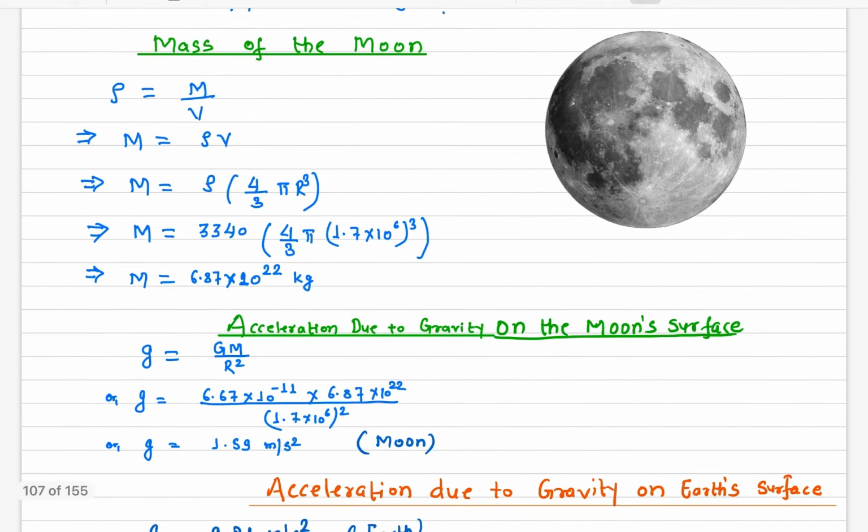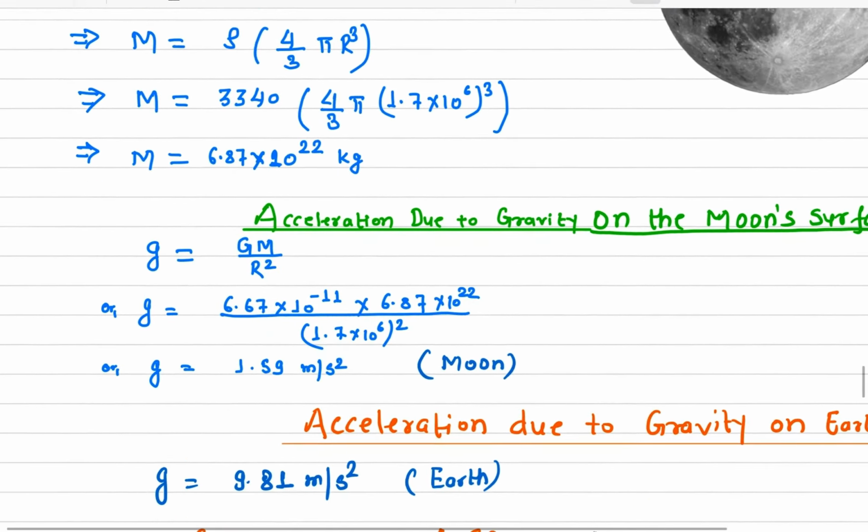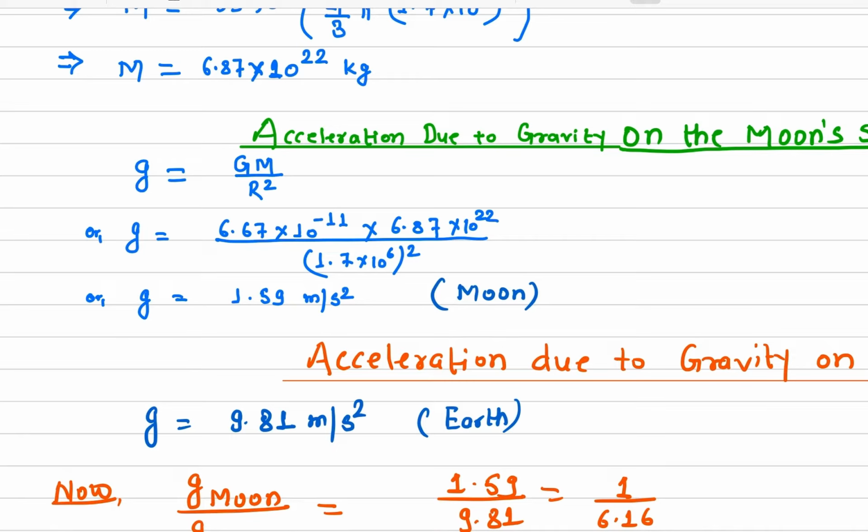So the acceleration due to gravity on the moon surface is given by this formula here, GM over r squared, where M is the mass of the moon and r is the radius. We know the mass of the moon here. G is the universal gravitational constant, with a value of 6.67 times 10 to the negative 11.